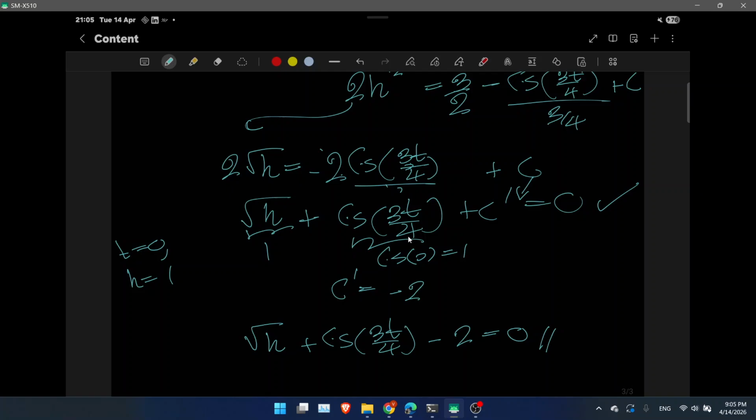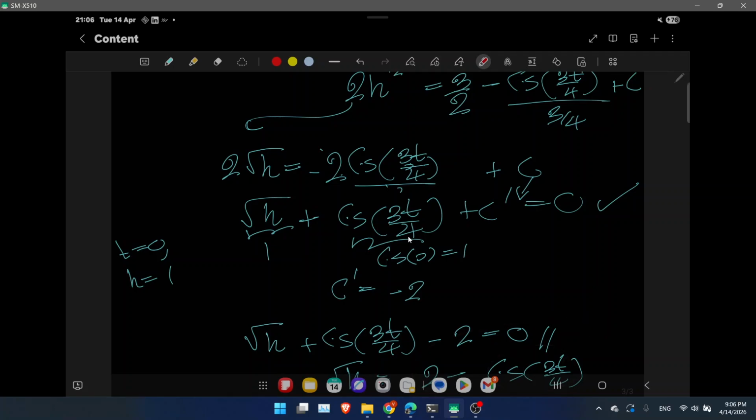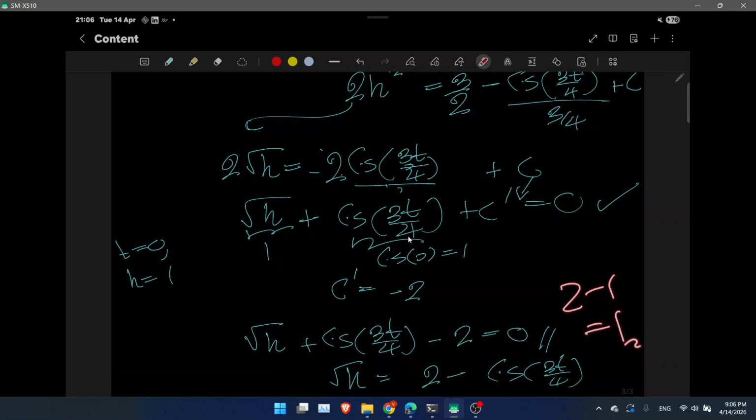It makes sense because you can see that the square root of h is equal to 2 minus cos 3t over 4, right? The cos can vary between minus 1 and plus 1. Even though the cos term becomes minus 1 or plus 1, the whole term stays a positive value, since 2 minus 1 is equal to 1.